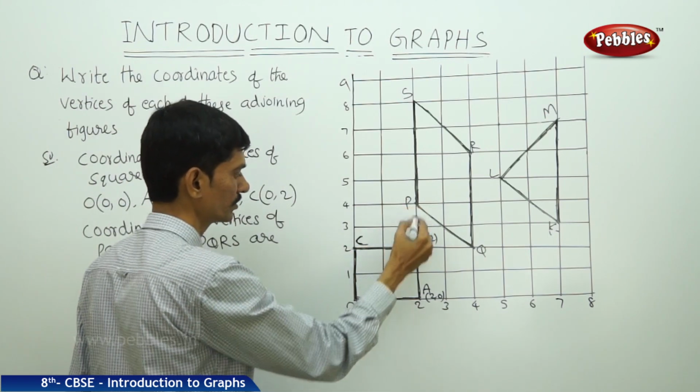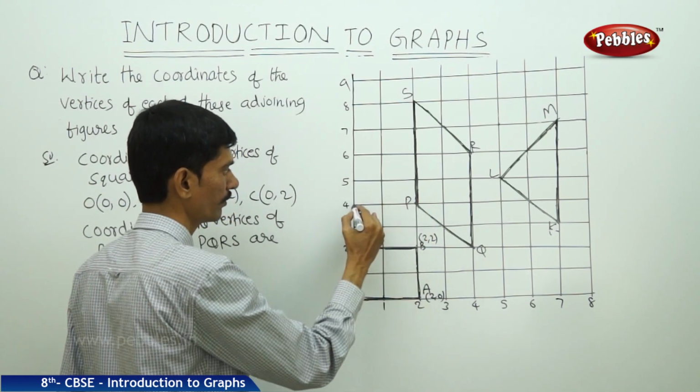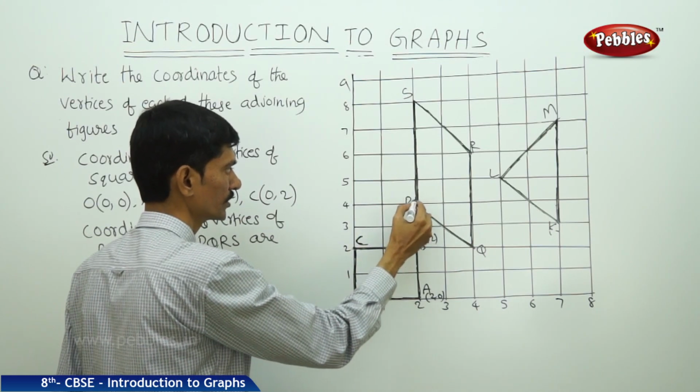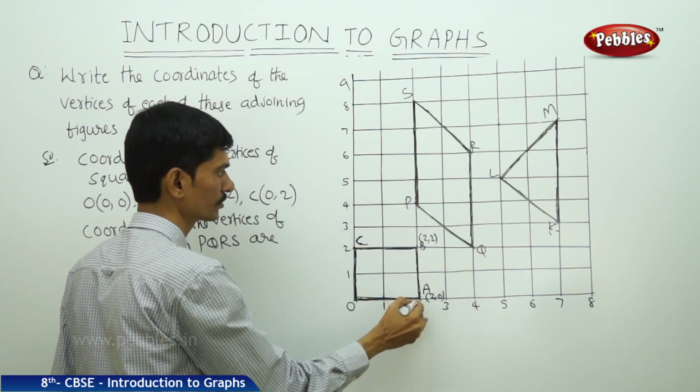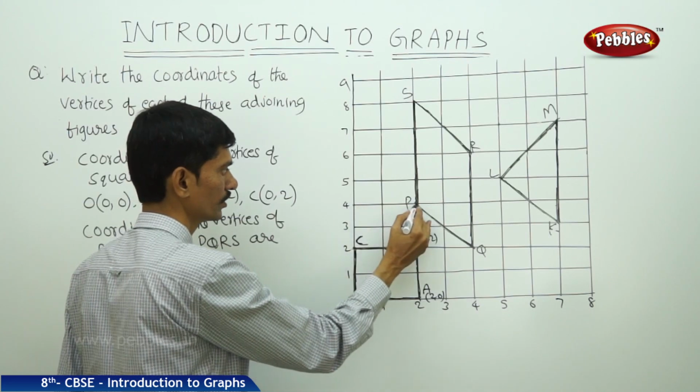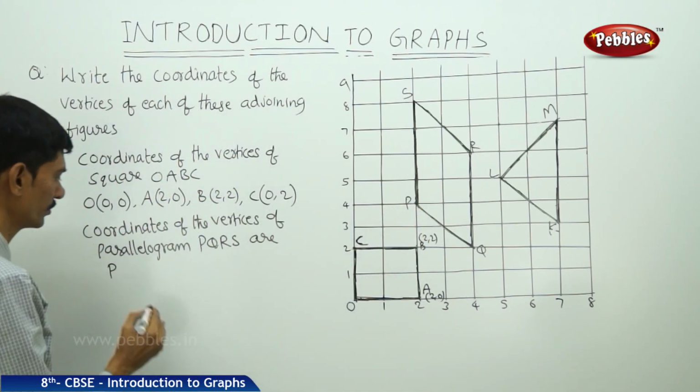So P coordinates are (2, 4). It is lying on the vertical line 2 and the horizontal line 4. So its coordinates are (2, 4).